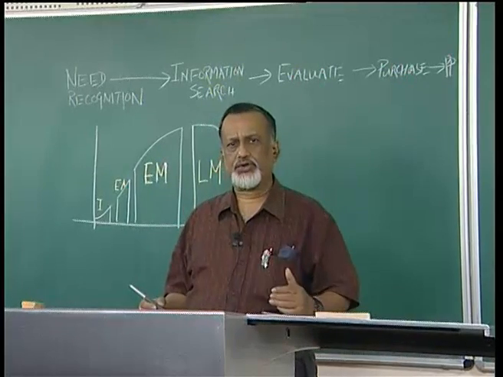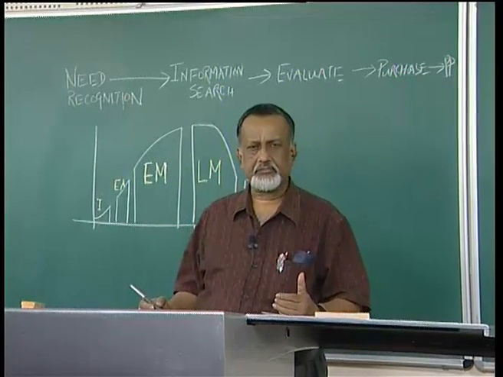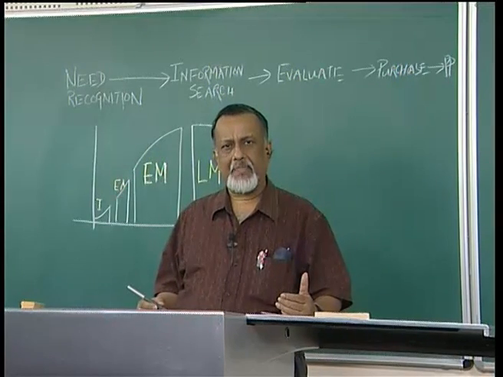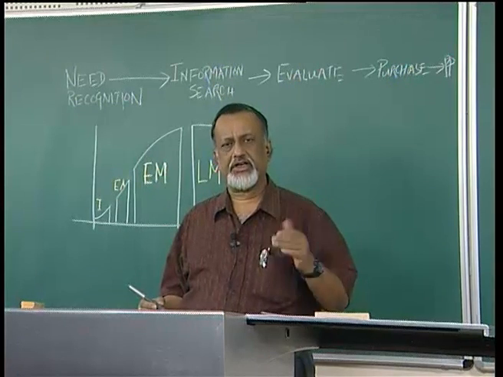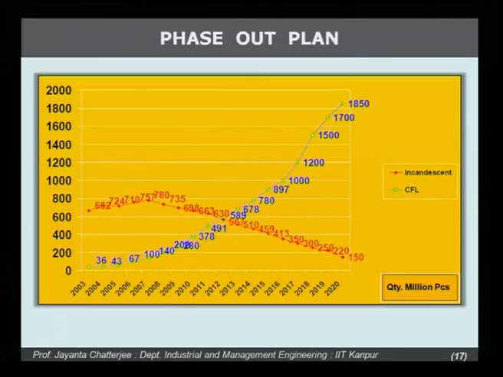This diagram also shows the decline of the current usage of incandescent lamps, the traditional electric bulbs as we knew them. As you can see here, this fairly shows our well known concept of product life cycle.